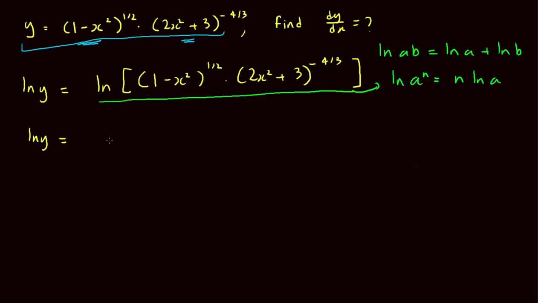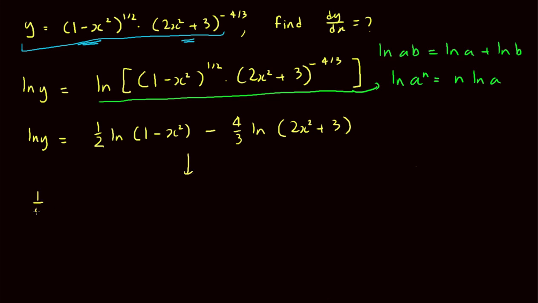So we split it into half ln (1 minus x squared) minus 4 over 3 ln (2x squared plus 3).